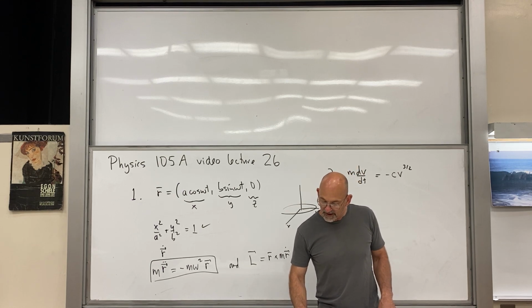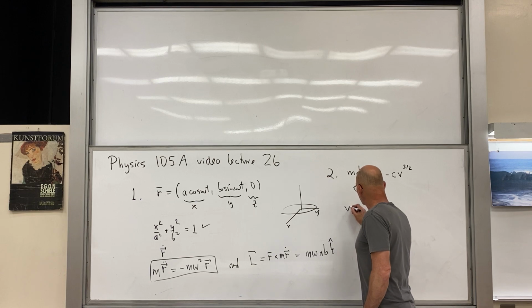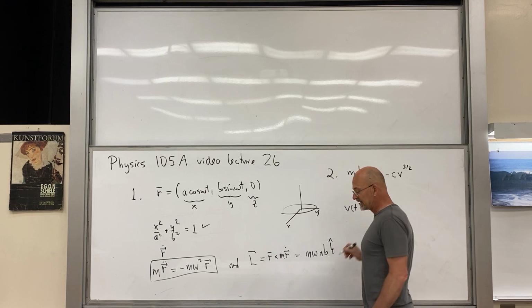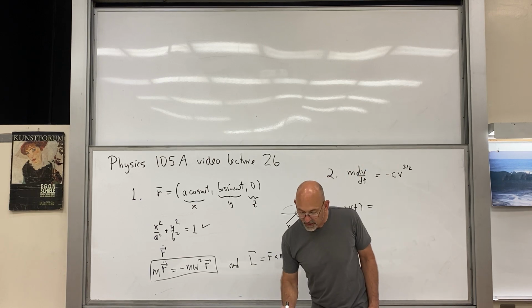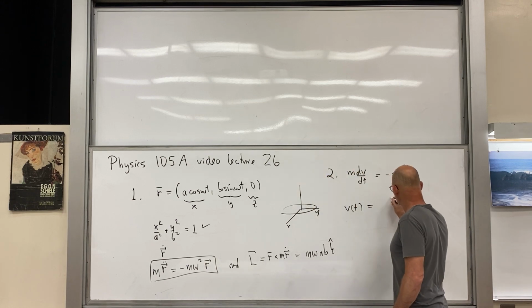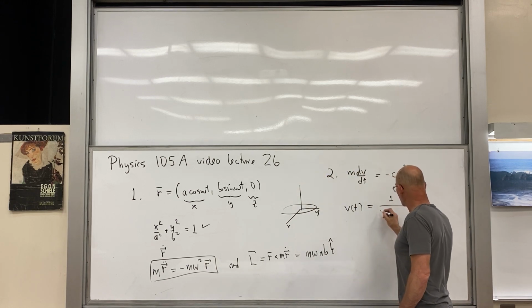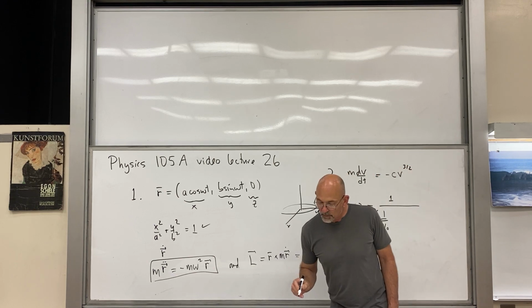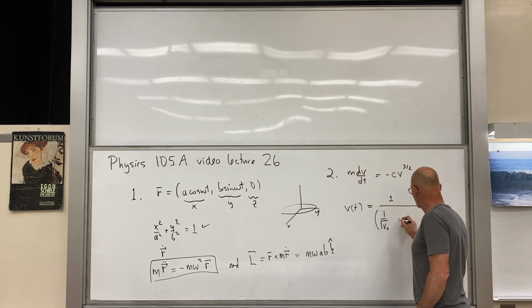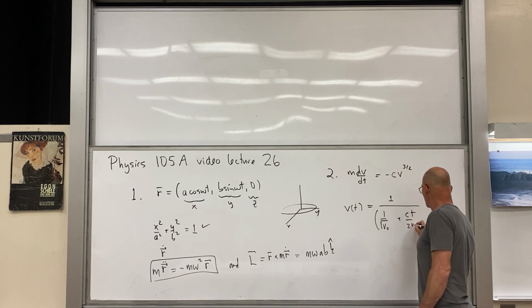If we integrate it, we find v of t equals 1 divided by the quantity 1 over root v0 plus ct over 2m, squared.